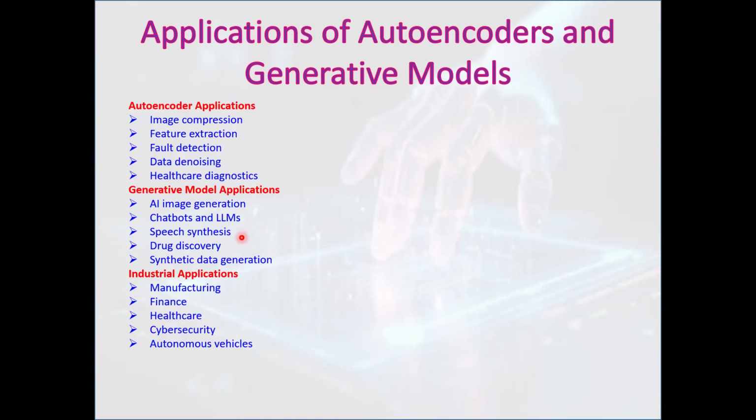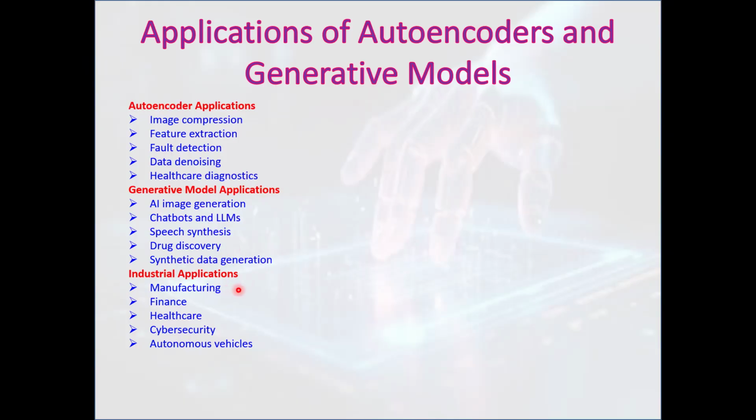Generative models enable realistic voice generation for virtual assistants, navigation systems, and accessibility tools. It is also being used in drug discovery. Generative AI accelerates drug development by generating novel molecular structures and predicting their properties. And synthetic data generation means organizations use synthetic data to train machine learning models when real world data is limited and sensitive.